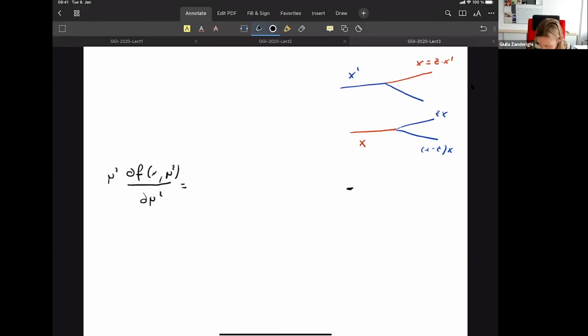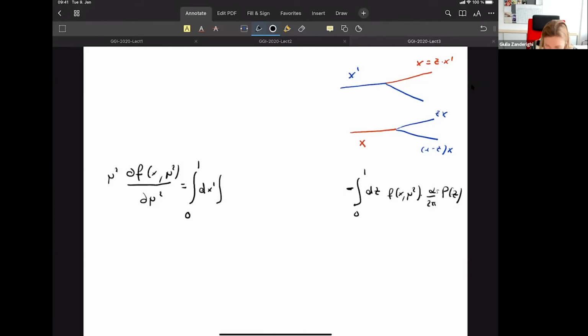So I had this parton with momentum fraction x and mu squared, but this undergoes a splitting with a splitting function, now I call it P of z. It splits with this splitting probability. This parton was there, but it is not there anymore after the splitting. So this is a negative contribution. And then instead I have a positive contribution where I integrate over all possible values of x prime that I had.